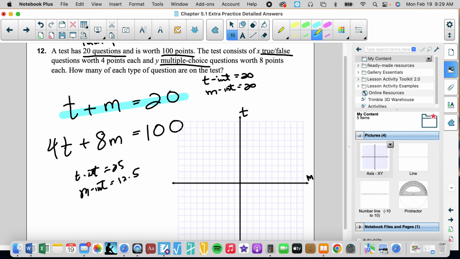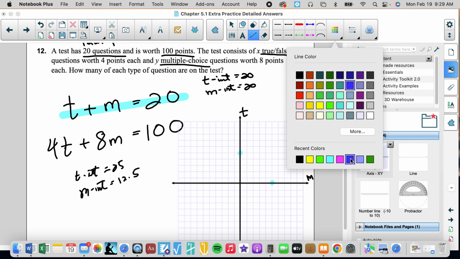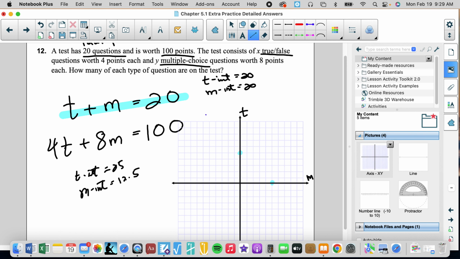T-intercept is 20, so if we're going increments of 4, we go up 5. 1, 2, 3, 4, 5, that would be 20. And 1, 2, 3, 4, 5 would be 20 also. I'm just making sure that hopefully I'm going to get a point of intersection in increments of 4.